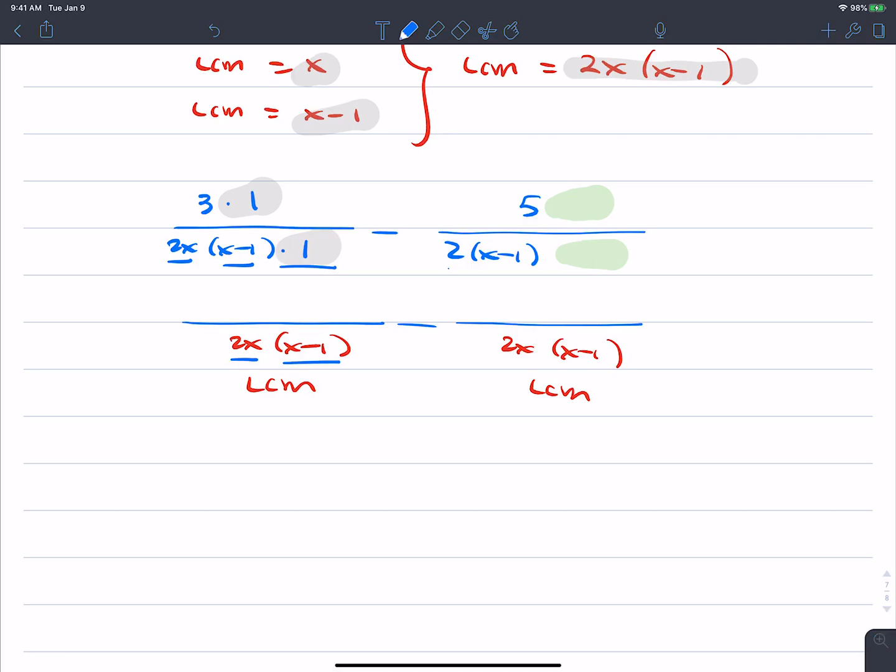The second fraction, 2 times x minus 1, we got a 2, we got an x minus 1. This one needs an x, because that x term is missing right here. So that's the x that we have to use, or we should say that's the term we use on top and bottom. Now we just multiply, and 3 times 1 is 3. 5 times x is 5x.